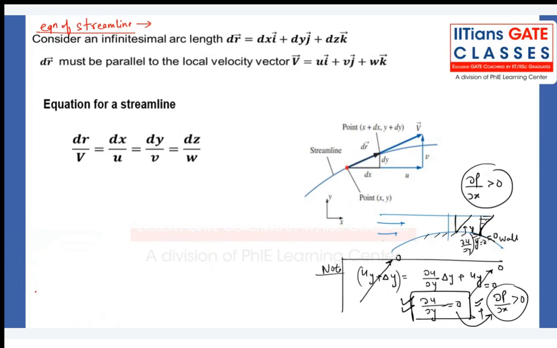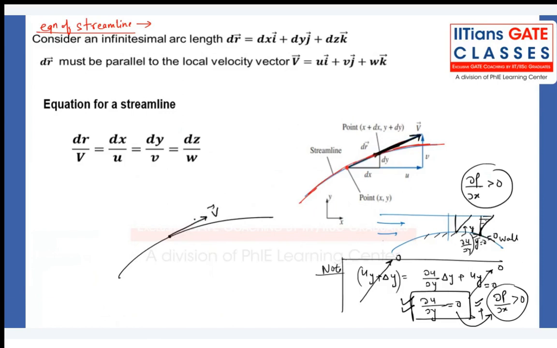So equation of a streamline: when you draw any streamline and take the tangent over it, this is my velocity variation. This is my streamline, this is my velocity.